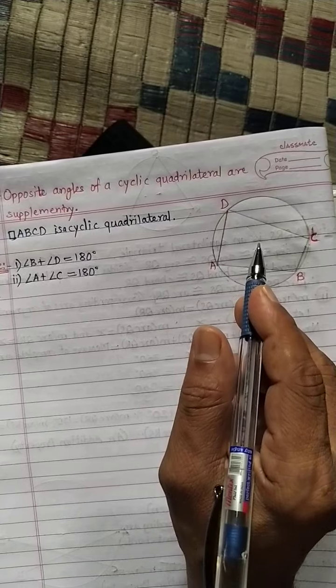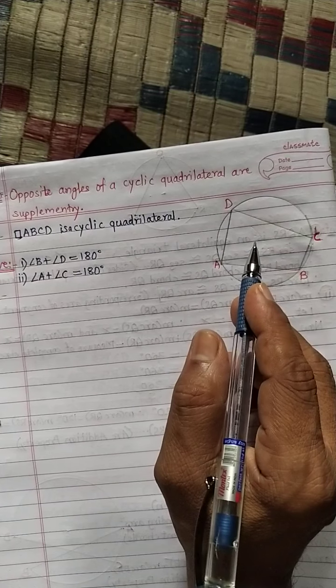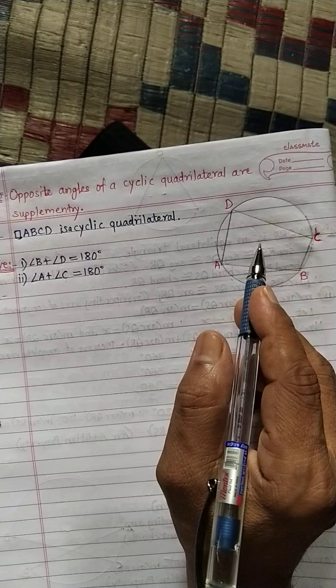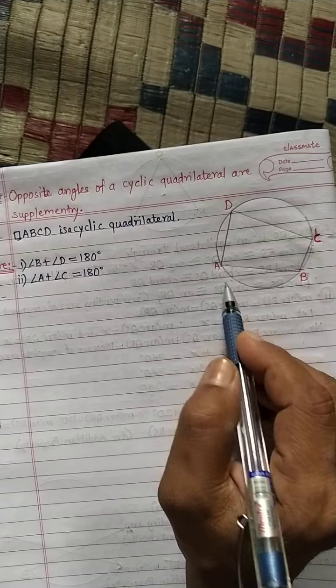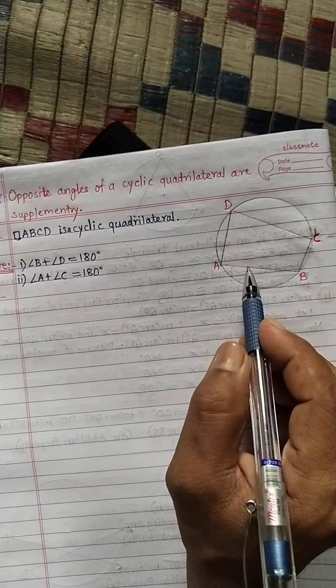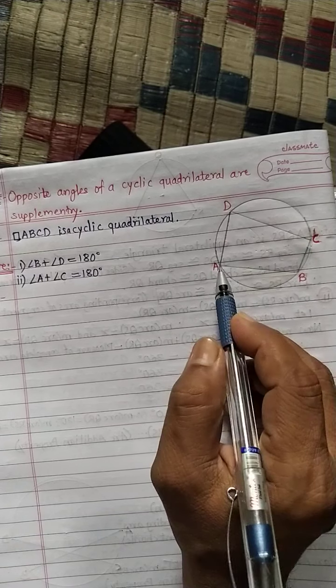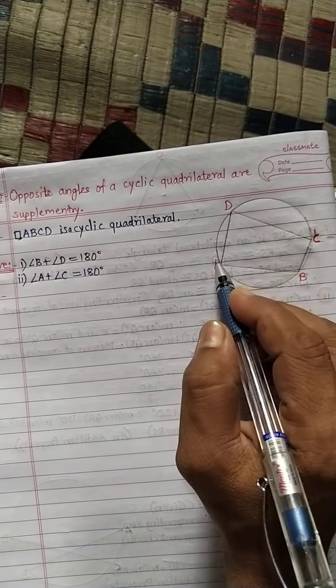Number 2. Now we have to add equations number 1 and 2. So angle ADC plus angle ABC is equal to half the measure of arc ABC plus half the measure of arc ADC.